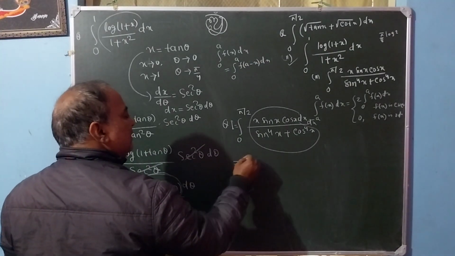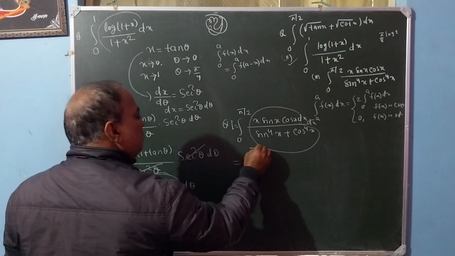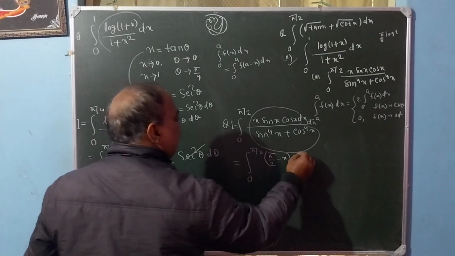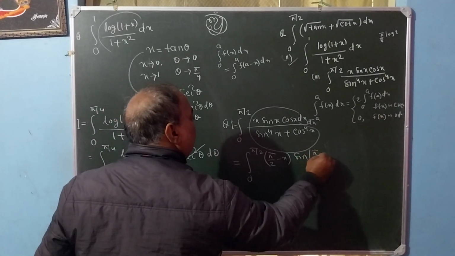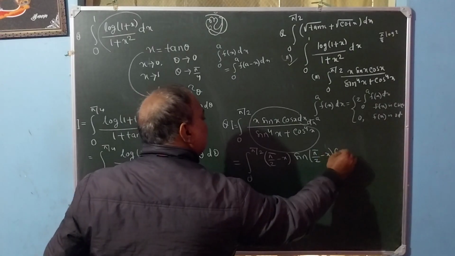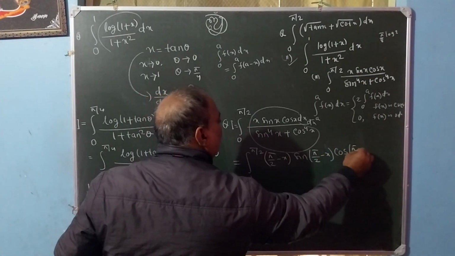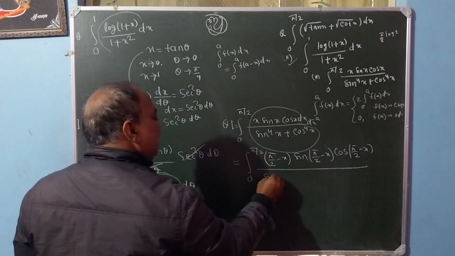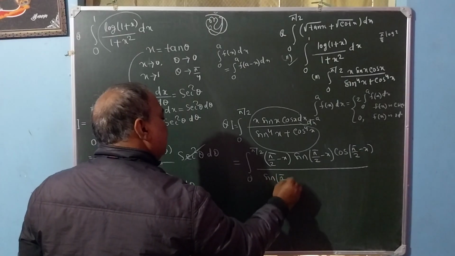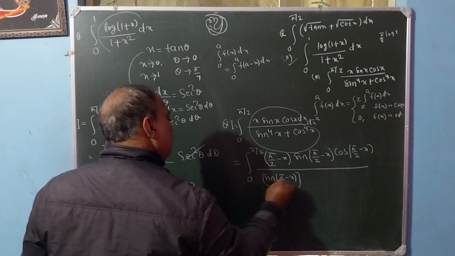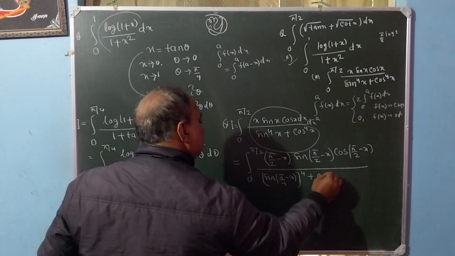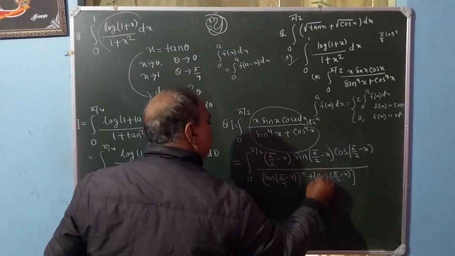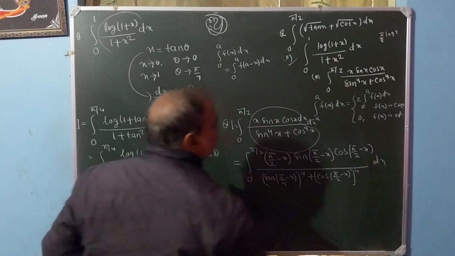So we get integration from 0 to pi by 2 of pi by 2 minus x, here it is sin pi by 2 minus x cos pi by 2 minus x divided by sin pi by 2 minus x whole fourth plus cos pi by 2 minus x whole fourth into dx.